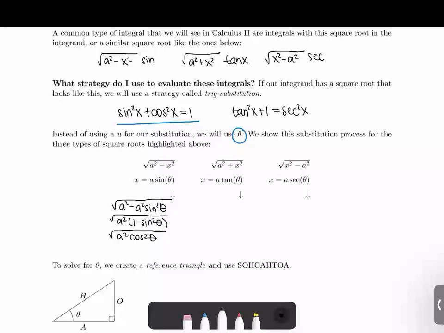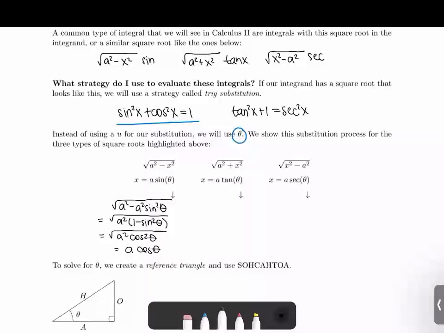And now we can apply the square root, and this is just going to equal a cosine of theta. So what this substitution allows us to do is to rewrite our term inside our square root to be a perfect square so that we can actually take that square root and get it out of our integrand by rewriting things in terms of trig functions. So that's how that first substitution is going to work.